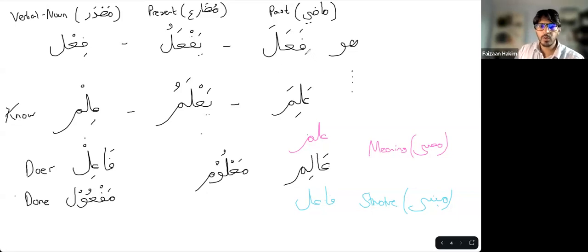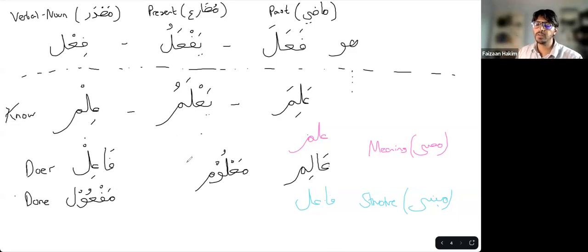So now we have quite a few things going on. The past tense, the present tense, the verbal noun. Like I said, you just need to learn that. We're going to be learning that as part of the vocabulary. From that, you can immediately derive two more words. You don't need to learn this as part of the vocabulary. If you understand this, the sarf, the mabna, you know what the pattern fa'il means.